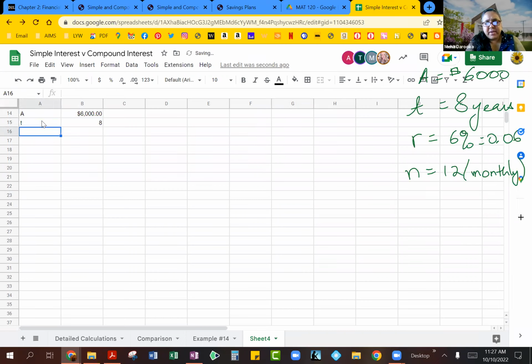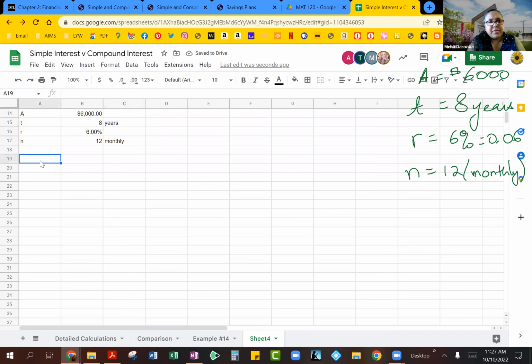Let's see, rate of interest is 6%. So I'm going to format that as a percentage by clicking on this. Then I'm going to type my 6% in. And we are compounding this monthly. So remember, this is 8 years and our compounding is monthly.